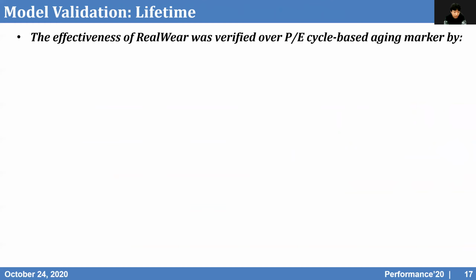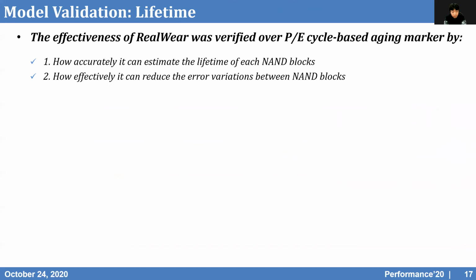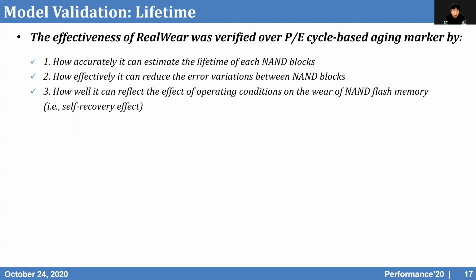We checked 3 items: how accurately it can estimate the lifetime of NAND blocks, how effectively it can reduce the error variation between NAND blocks, and how well it can reflect the effect of operating conditions on the wear of NAND flash memory.